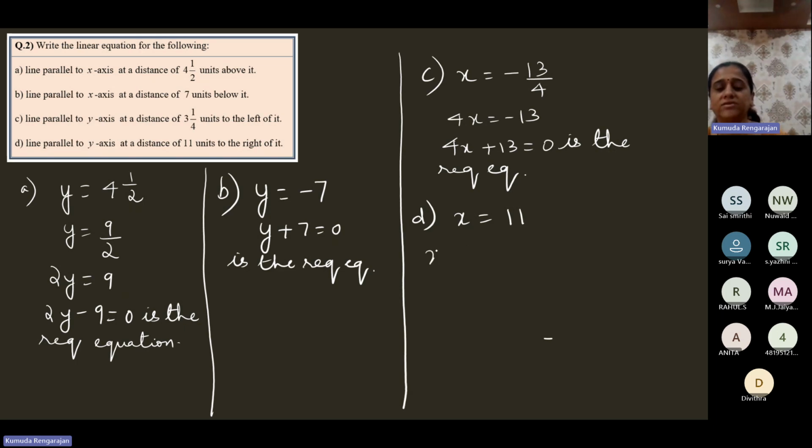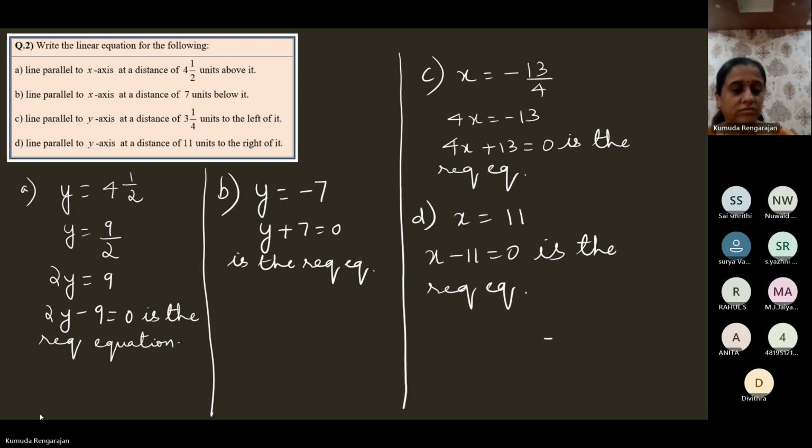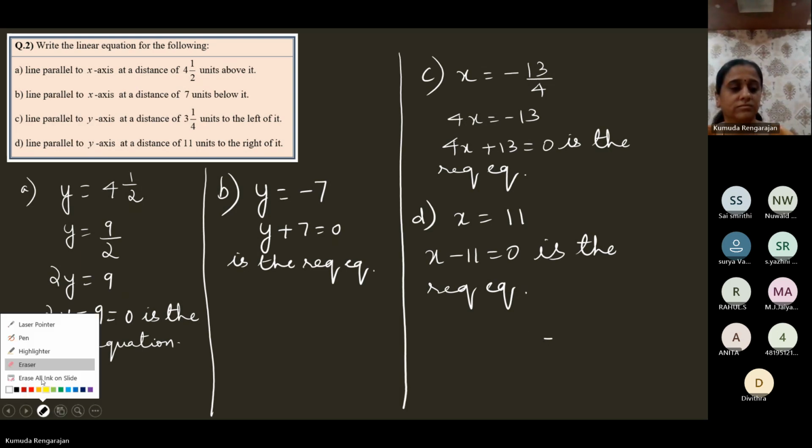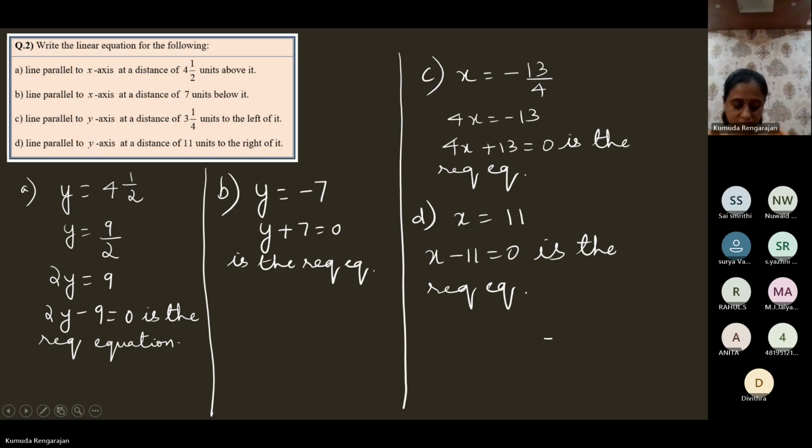X is equal to 11 or x minus 11 is equal to 0 is the required equation. Correct. Next one.